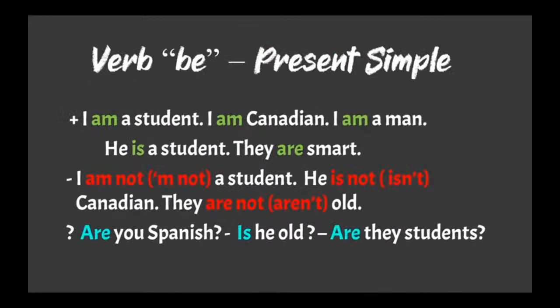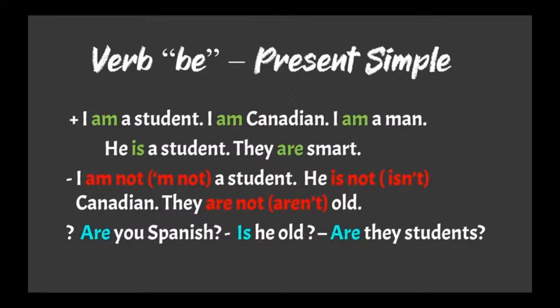So what happens with the verb to be? Well, the verb to be is particular. Why? Because it follows another rule. So for example, for a positive sentence, I am a student.